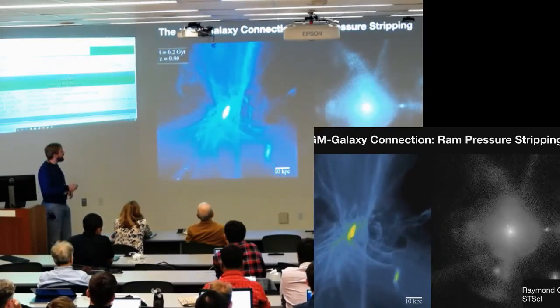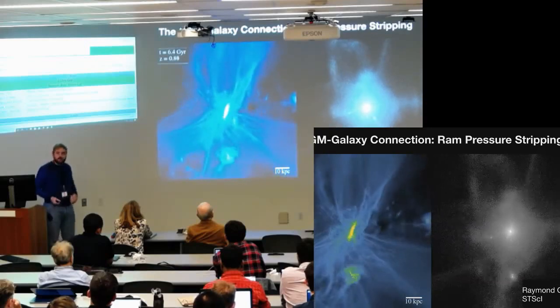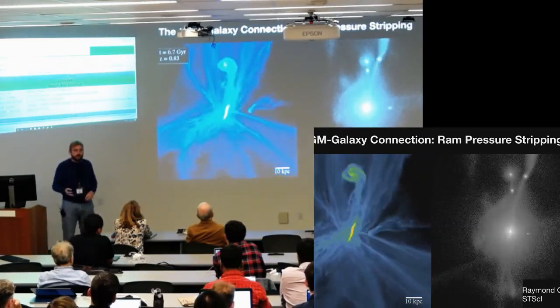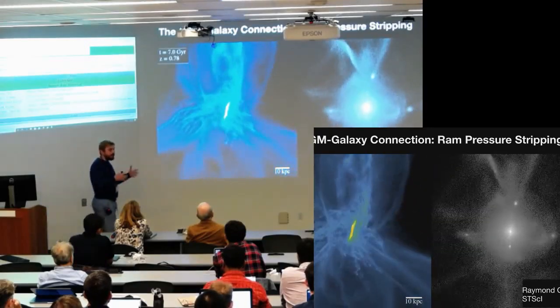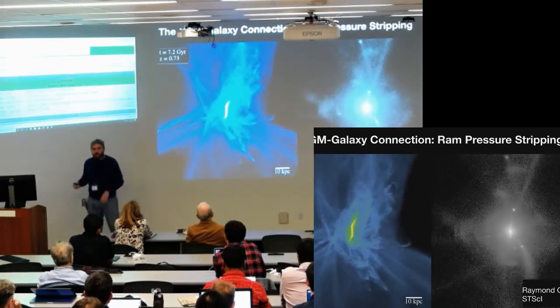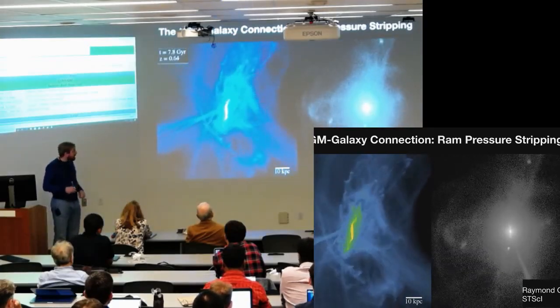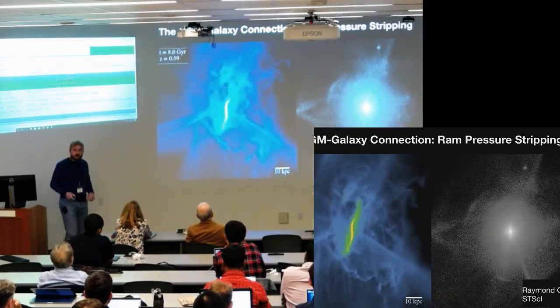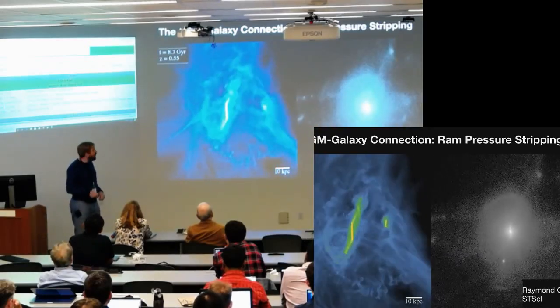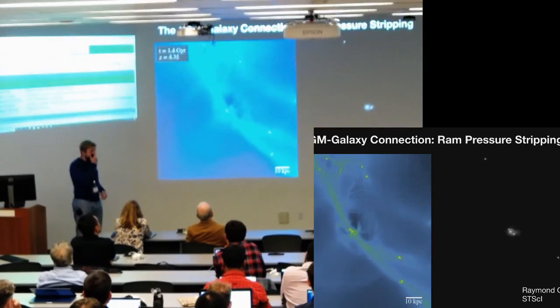There's an interesting story there. We typically think of ram pressure stripping in the context of more massive halos, those that host groups of galaxies or clusters. I'll show you that ram pressure plays an interesting role in these lower mass halos.